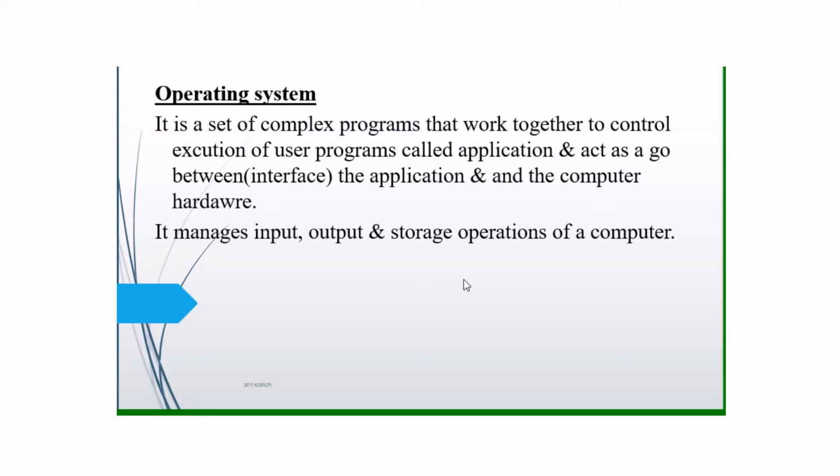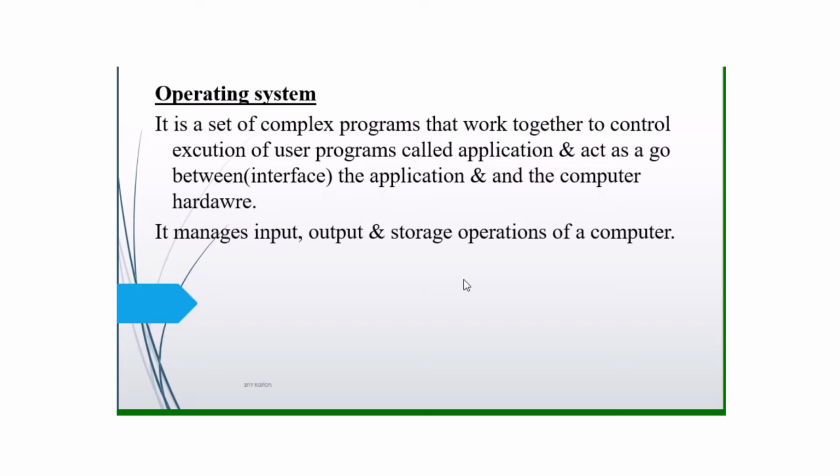The operating system is a set of complex programs that work together to control execution of user programs, and these user programs are also called the applications or computer applications. The operating system acts as a go-between, or what we call an interface, between the user and the applications, that is the applications and the computer hardware.